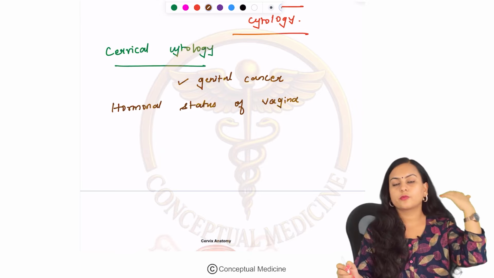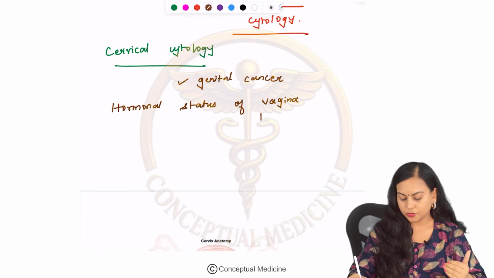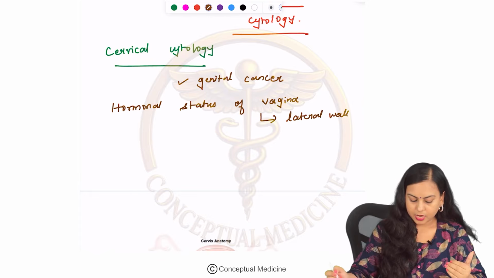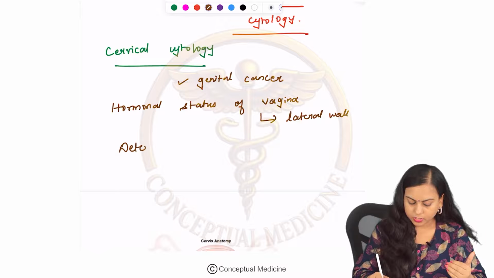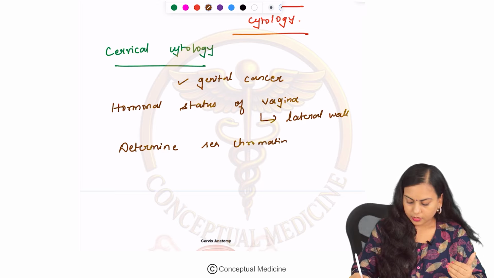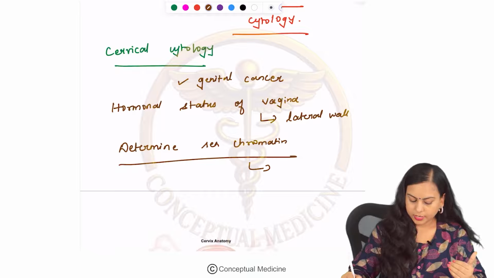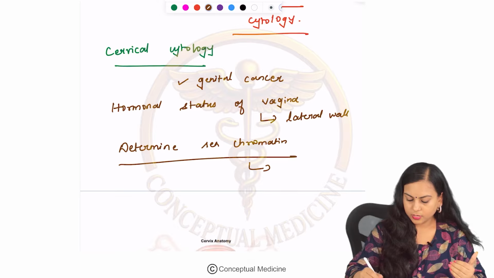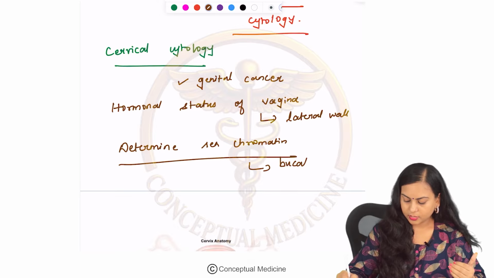Which wall of the vagina do you prefer to take the smear from? It is usually the lateral wall. Okay, yes, and we can also determine sex chromatin, like it is usually done from a buccal smear. Okay, to take a buccal smear also this spatula is used. Right.